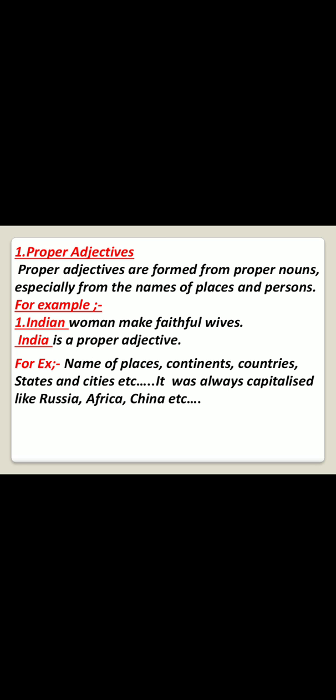Here, Indian is a proper adjective. For example, names of places, continents, countries, states and cities, etc. So it is always capitalized, like Russia, Africa, China, etc.